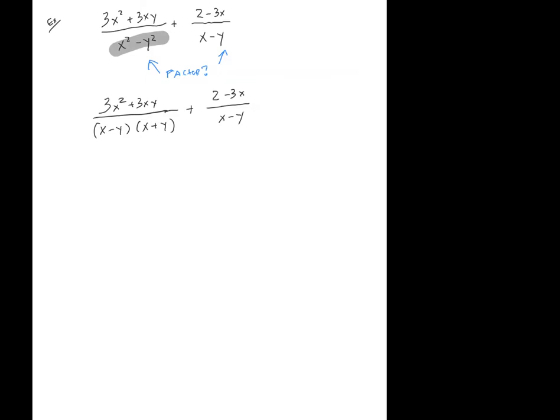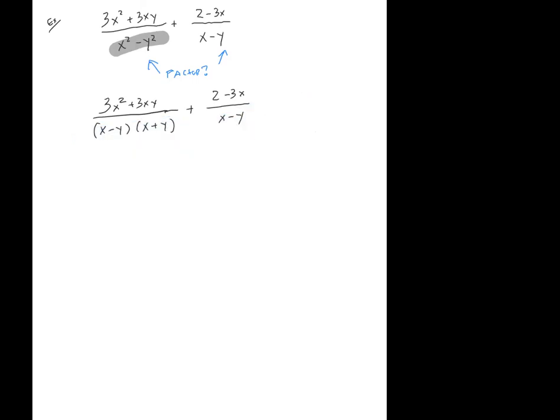Do we really have to multiply both denominators? Think about it. Yes, the other one by x plus y. Great job. This is already x minus y, x plus y. This has the x minus y. It's just missing something else.